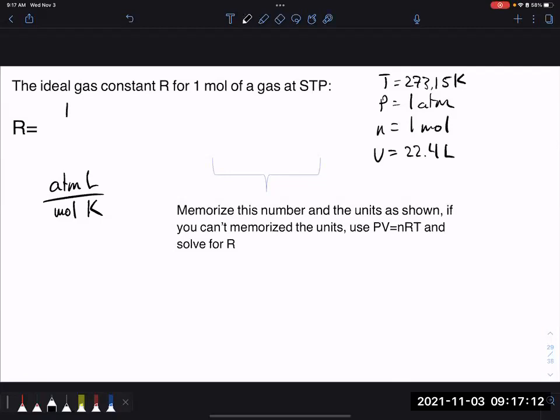So we end up with 1 atmosphere times 22.4 liters divided by 1 mole times 273.15.